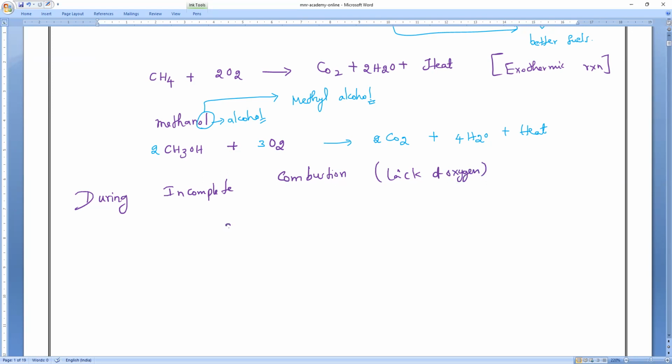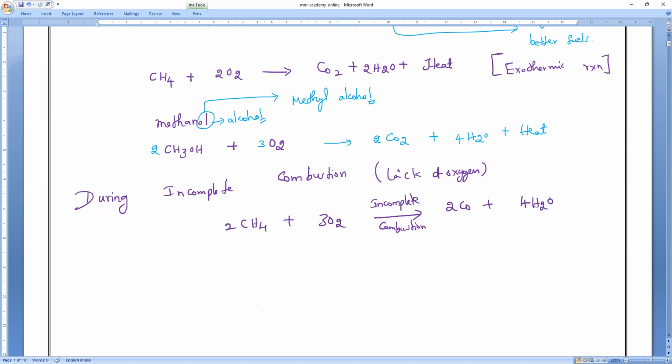So instead of carbon dioxide, it will produce a most dangerous gas. What is that, everybody? Carbon monoxide. Incomplete combustion always produces a poisonous gas called carbon monoxide.